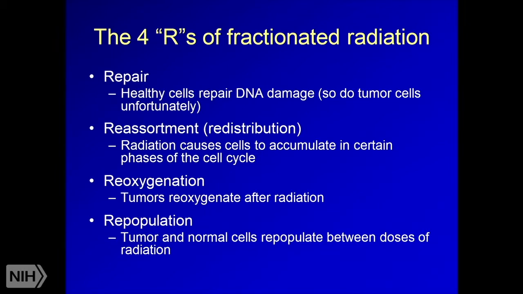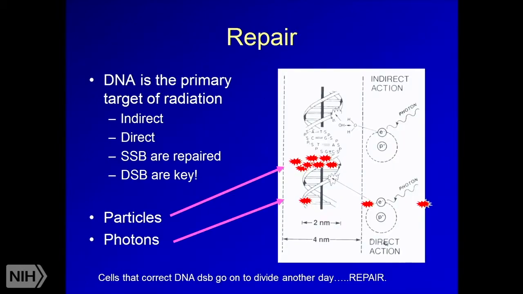And so we actually exploit that with a variety of other techniques, which I'll talk about in a little bit as well. We also know that tumors reoxygenate after radiation therapy, which allows for DNA repair, and so that's something that we sometimes try to harness. And then there's also repopulation, and that tumor and normal cells can repopulate between doses of radiation therapy, and so different tumors actually can respond to different dose and fractionations due to their baseline repopulation that can occur.